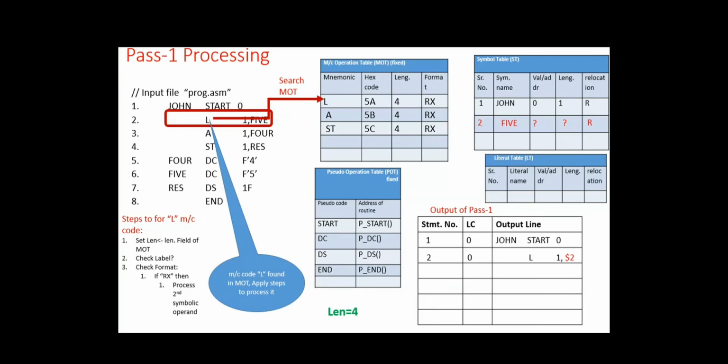But for symbol 5, okay, I don't have address. So that location I have to wait for address. जैसे address मिलेगा हम वहाँ पे डालेंगे. So we will do that step in a pass 2. So what you are supposed to do here, give a reference key from where you will get the address of 5. So I'll search symbol table in future and I'll get the address of it.